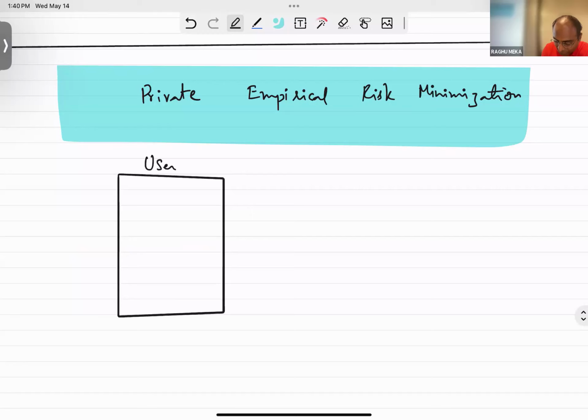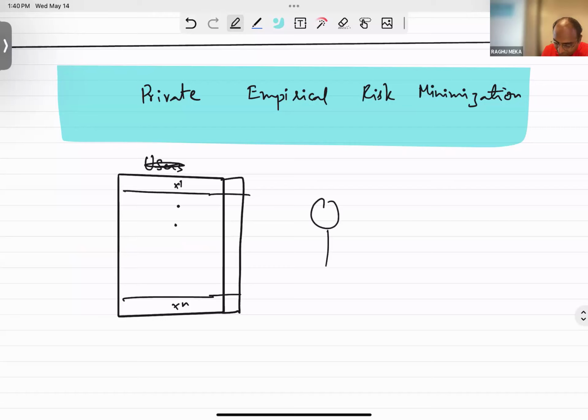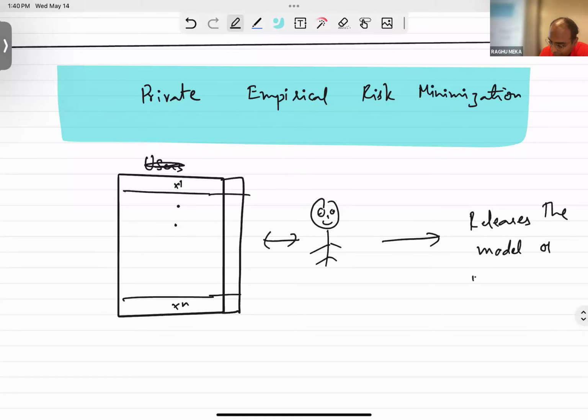Imagine we have users, x1 up to xn, and you have some labels. Then you have some curator who learns or trains a model on this and then releases the model.